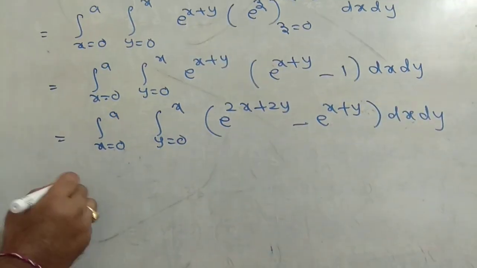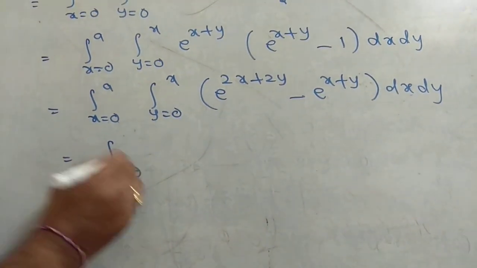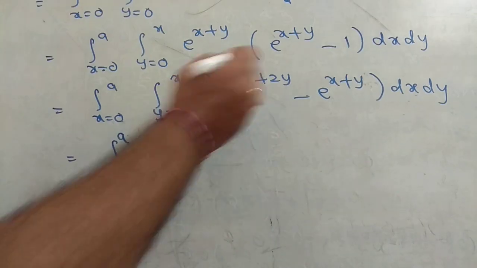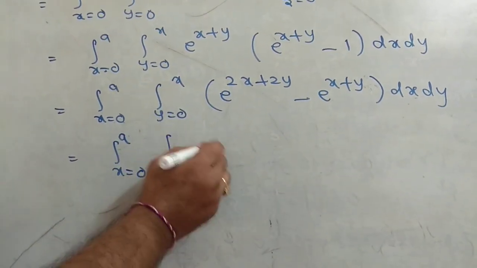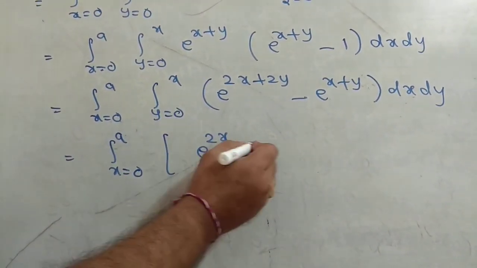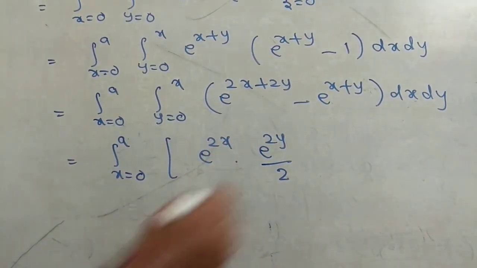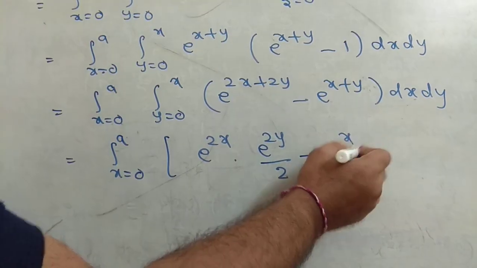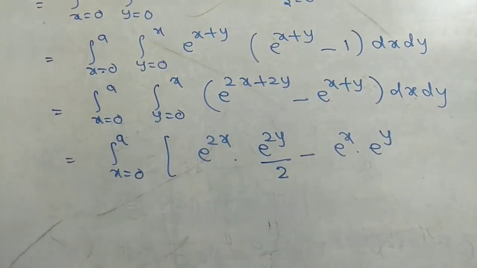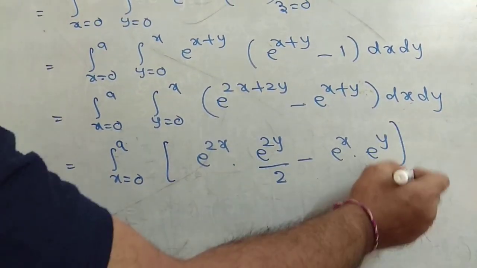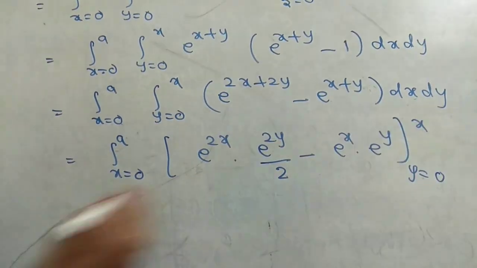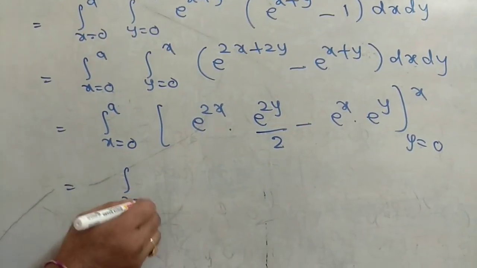Now you find the integration with respect to the y variable. 0 to a, it is as it is. Integrating with respect to y, e power 2x is a constant, and the integration of e power 2y is e power 2y divided by 2, minus e power x as a constant, and the integration of e power y is e power y. So substitute the limits 0 to x. Now it is x equal to 0 to a.